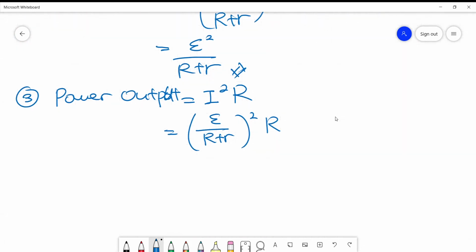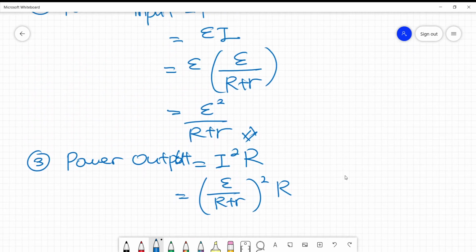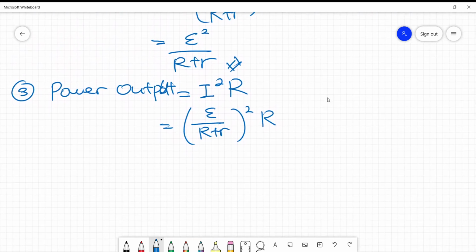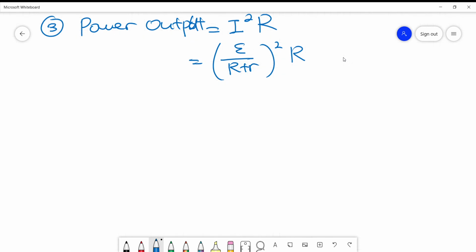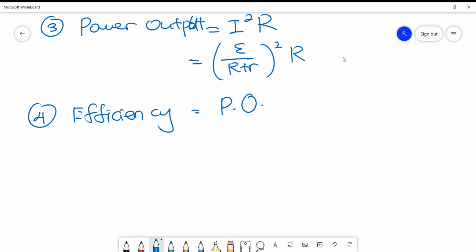Okay, since we have both power input and output, we are able to find the efficiency. The efficiency is equal to the power output, which I write in short form, divided by the power input, times 100%.